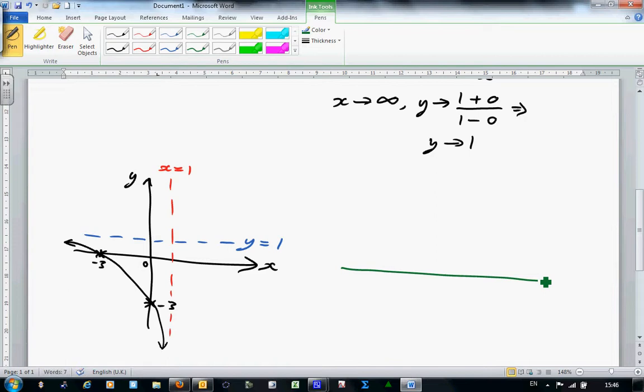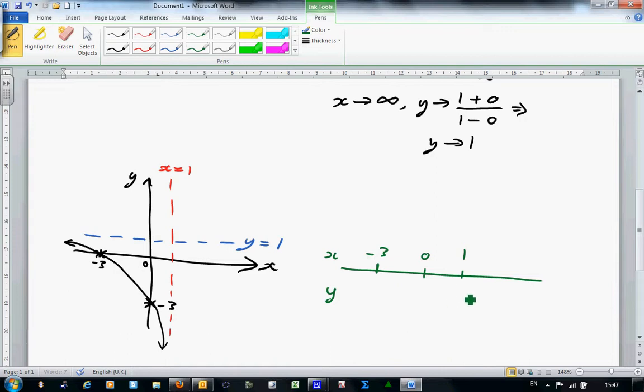We've got 1, where we have our asymptote. So when x takes those values, y, well, let's have a look. When x is 1, y is infinity. All right. When x is 0, y is -3. And when x is -3, y is 0.